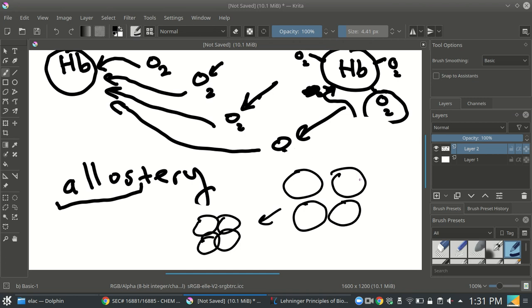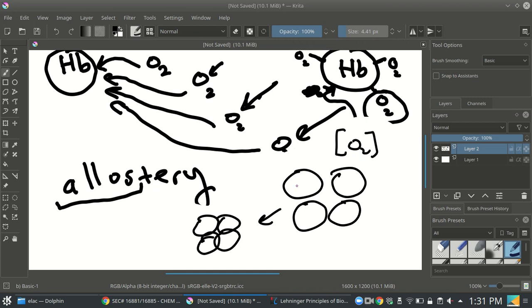Now I know what you're thinking. You're thinking, hey, the difference between these states is caused by oxygen binding. When oxygen binds, the state changes, the quaternary structure changes. Yes, that's true. So there is some influence by the concentration of oxygen. So the influences by the concentration of oxygen are not allostery.